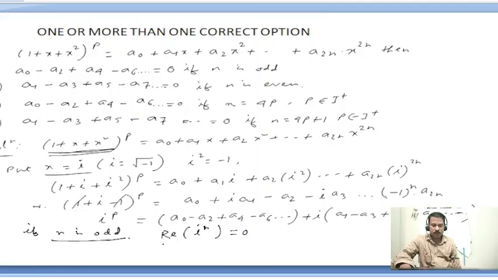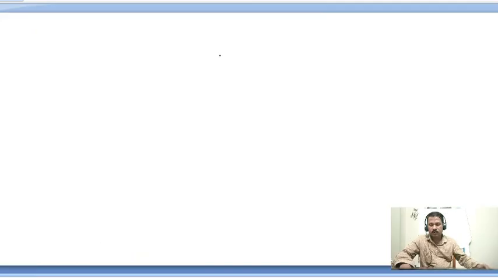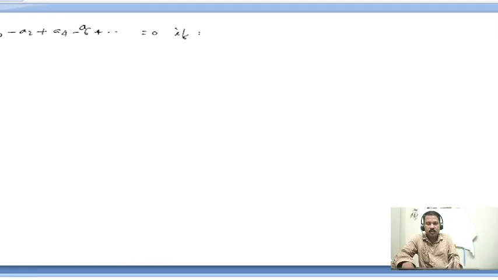So real part of iota whole to the power n equals to 0. Then we have a0 minus a2 plus a4 minus a6 and so on, that is equals to 0 here if n is odd.